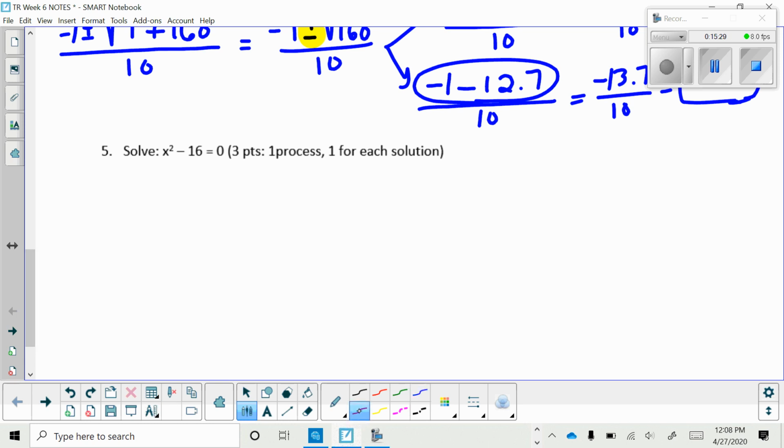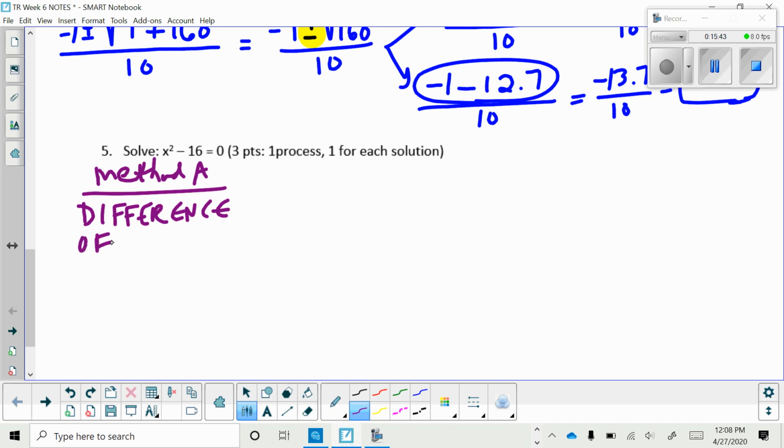Method A is called difference of squares. Or difference of two squares, or whatever, something like that. We'll hear it different ways. And we've talked about this before.